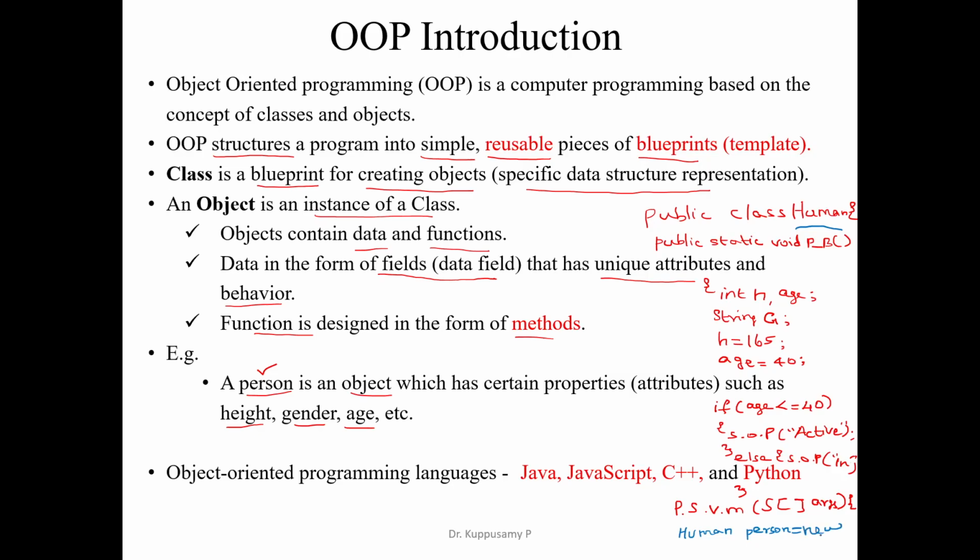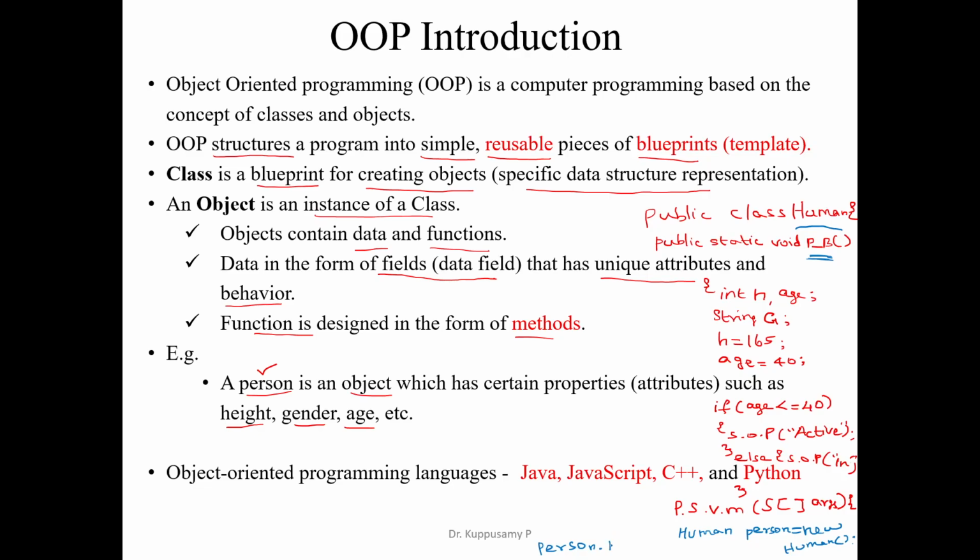Human person is the object: new Human, semicolon. Now I am calling that method. Person is the object, dot. What is the method name? The method name here is p underscore b.